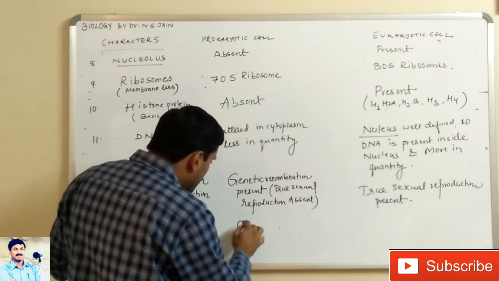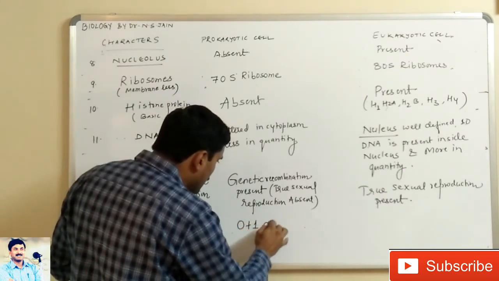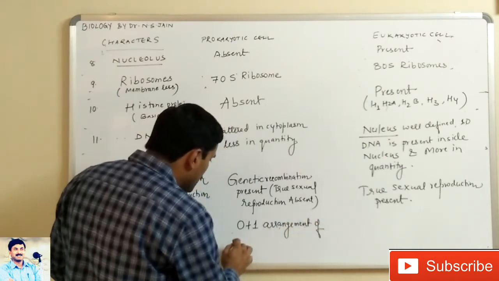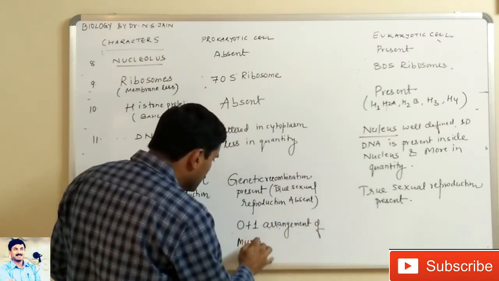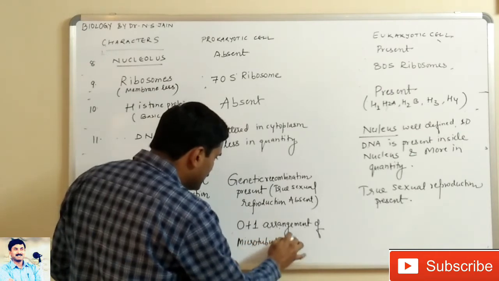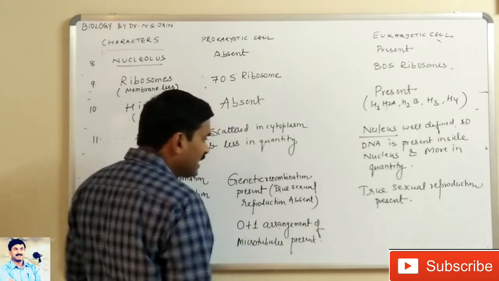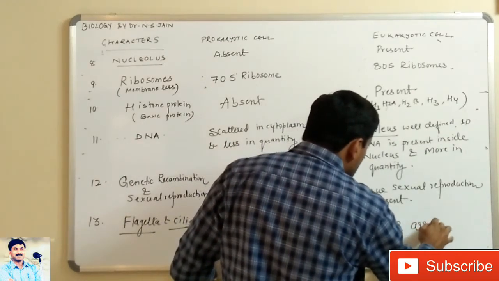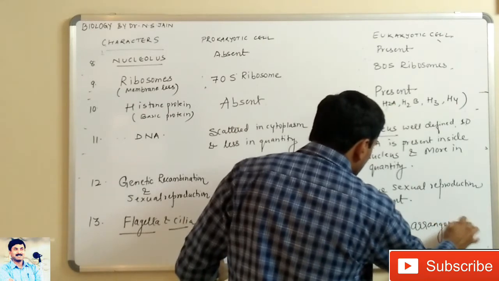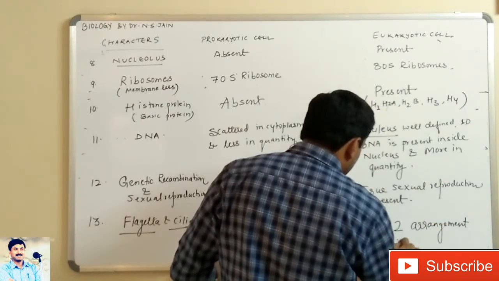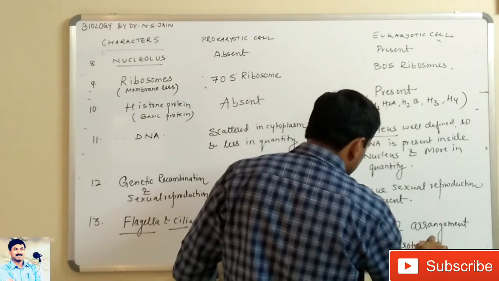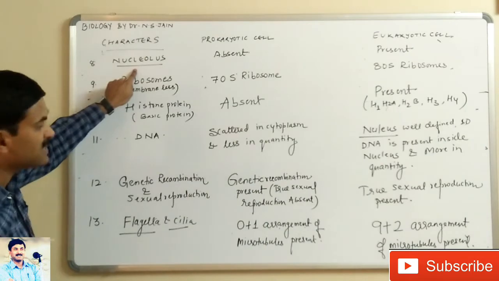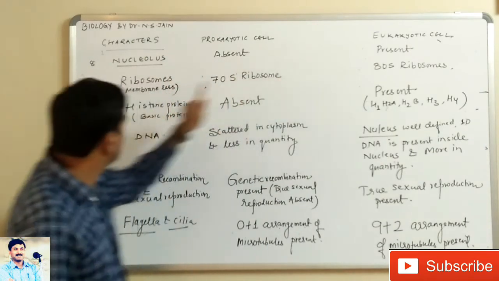Here a 0+1 arrangement of microtubules is present, while here a 9+2 arrangement of microtubules is present. Once again, nucleus absent, here present.